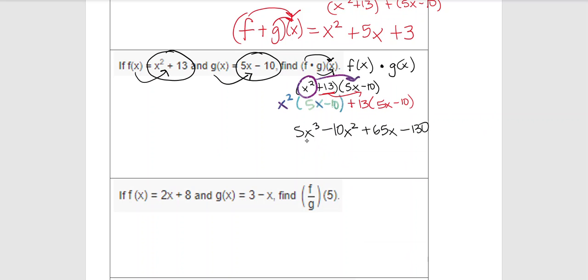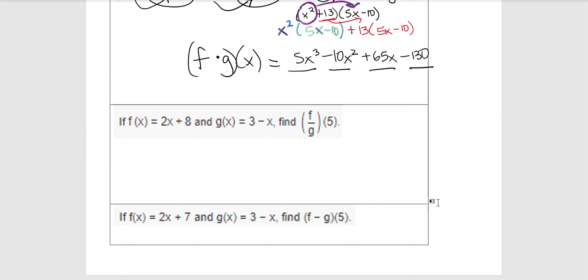And we see that we don't have any like terms because we have a cubic, a quadratic, a linear, and a constant term. So we have a polynomial with 4 terms that is the highest degree of 3. So this polynomial has a degree of 3 and can't be simplified and would be the answer we get to f times g of x.